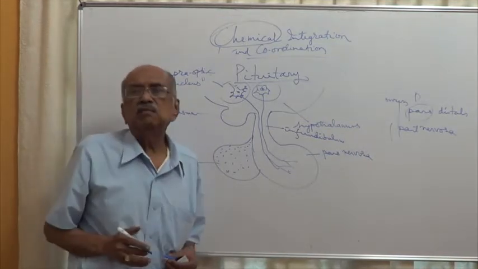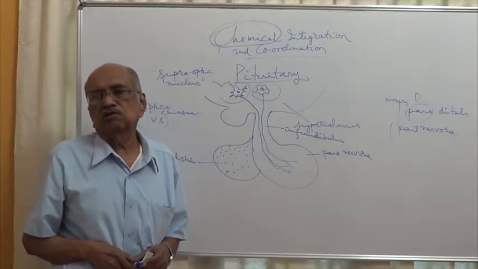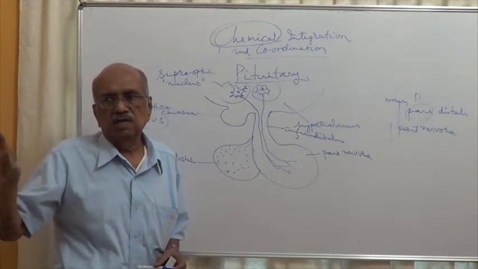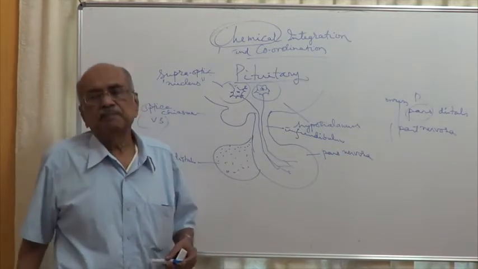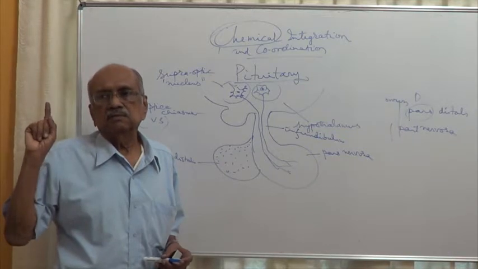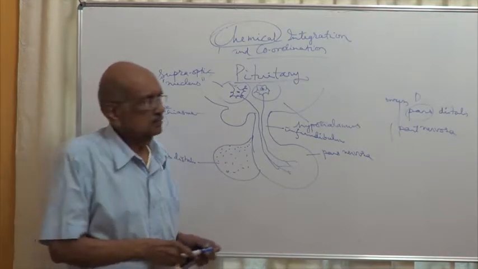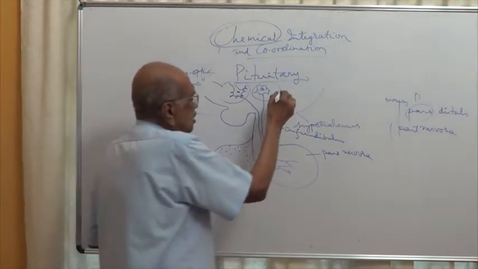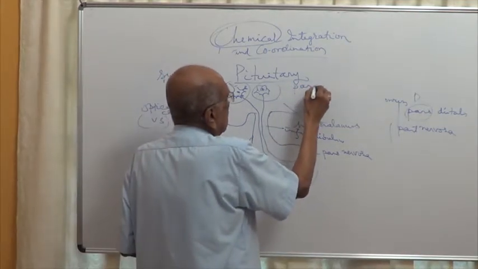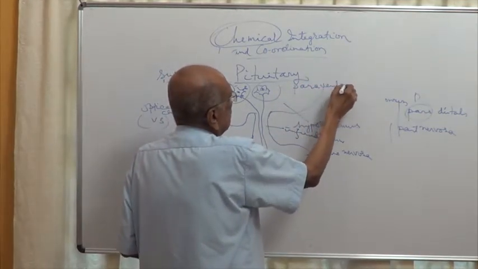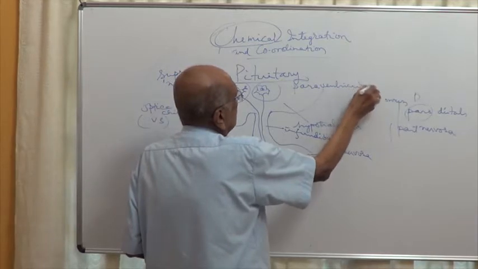We have repeatedly mentioned when discussing the structure of the brain that the word nucleus here has a different meaning than found in cell biology. This is supraoptic nucleus, this is paraventricular nucleus.